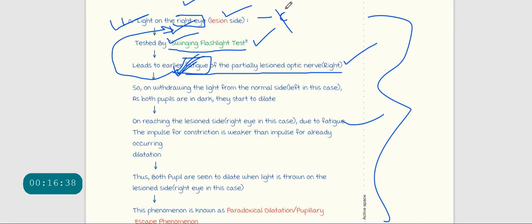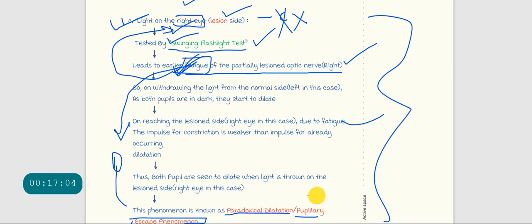This is a very simple test, and this dilation due to fatigue is known as paradoxical dilation or the pupillary escape phenomenon. Very easy and very important. So this is all about paradoxical dilation, and this completes the relative afferent pathway defect.